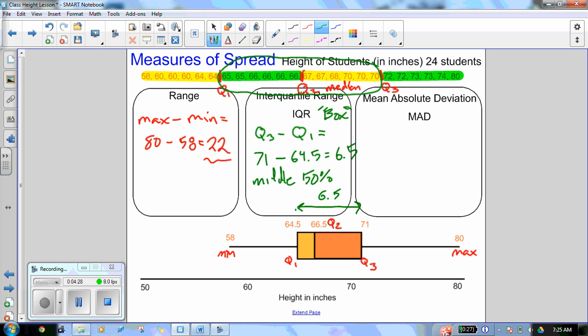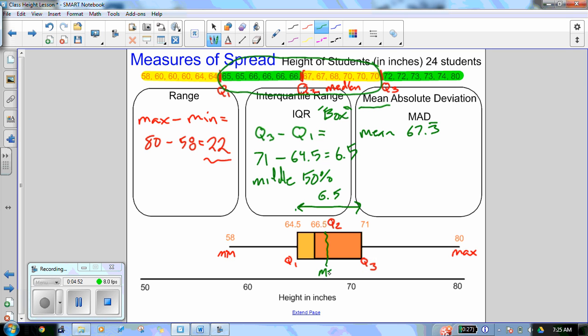Now the mean absolute deviation, first we have to calculate the mean. We did it in another video. We found the total sum of all these divided by 24, and it came out to the mean was 67.3 repeating, okay? And obviously that's not going to show up in the box and whisker, but it shows up right about here.